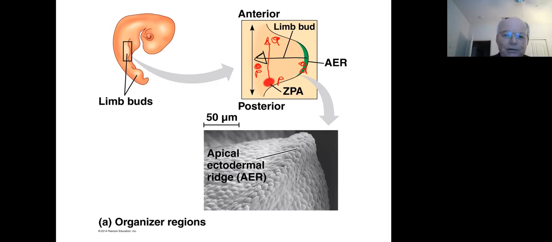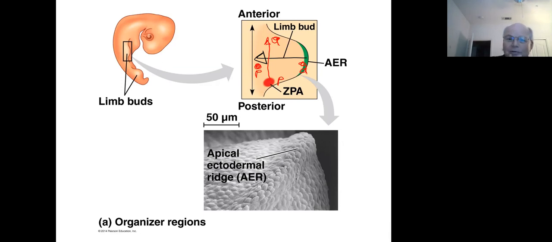Drosophila's hedgehog. So when the study of the chick limb bud began, it was suspected that something like hedgehog might be involved because of hedgehog's role in the organization of the Drosophila.